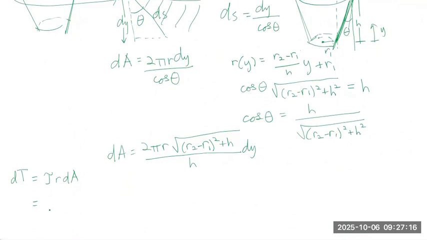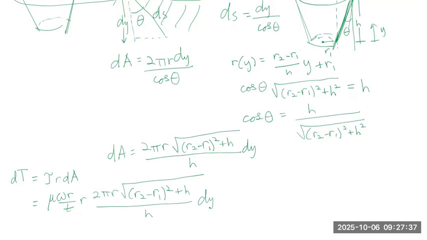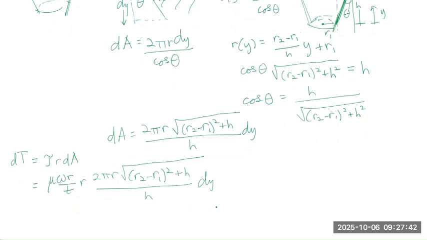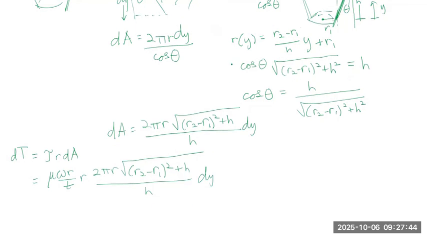So mu omega r over t times r times 2 pi r times the square root of (R2 minus R1) squared plus h squared, over h, and dy. And we're going to use r(y) for r.